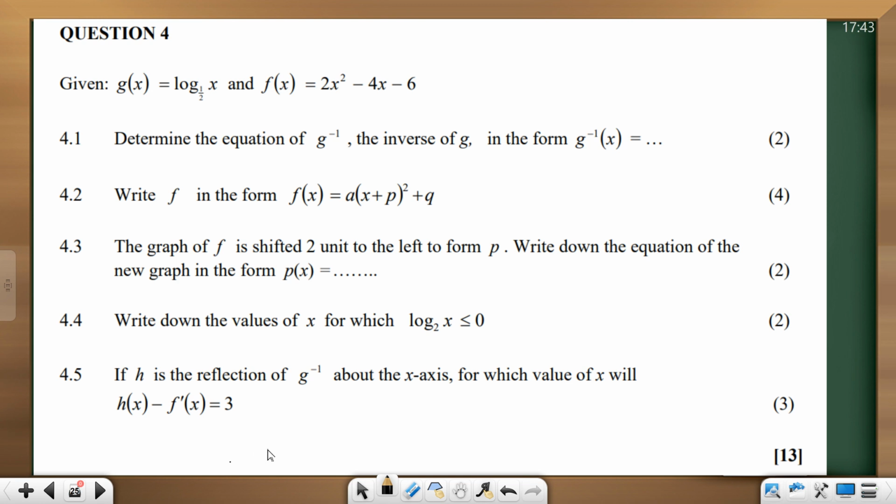We must be done. Inverse. Let me know if you are done, guys. I'm not seeing any message saying done. Tell me if you are done quickly.